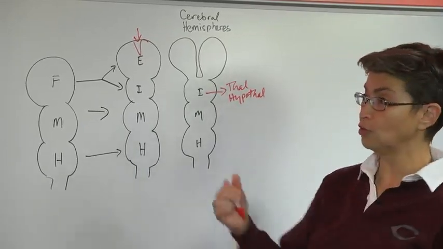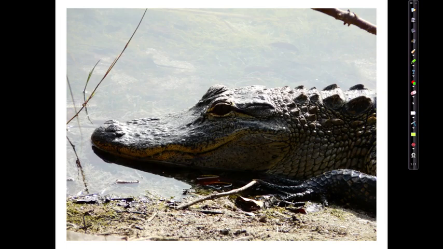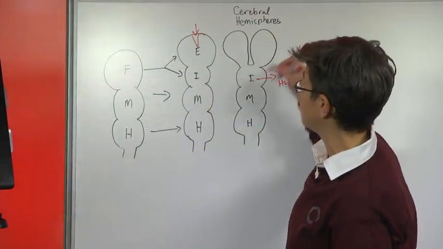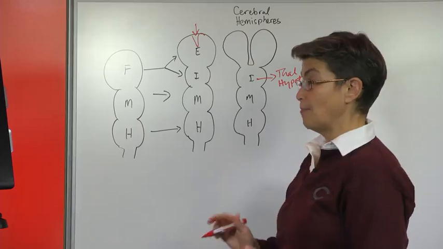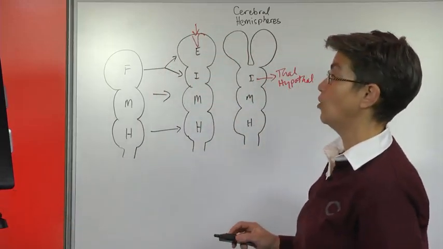If we look at an animal such as the alligator or the shark, an animal that has a smaller behavioral repertoire than humans or other mammals do, the cerebral hemispheres look something like that. But for us, our cerebral hemispheres don't look like that at all.